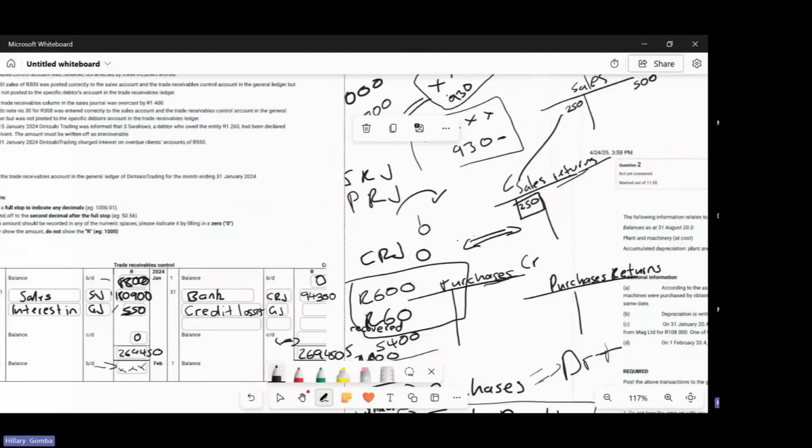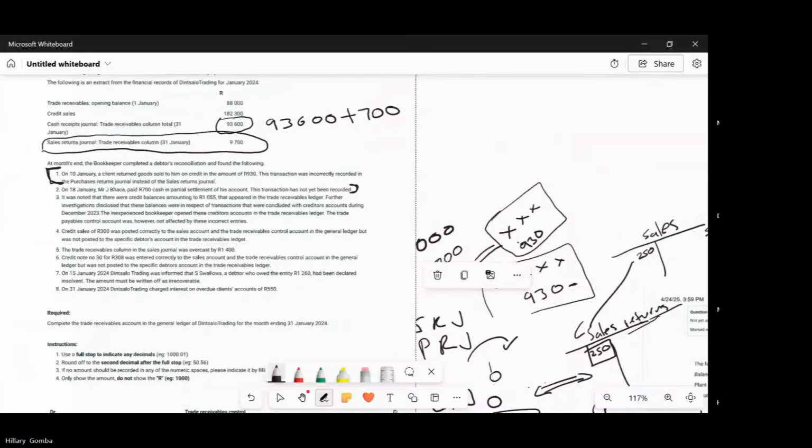This transaction was incorrectly recorded in the purchases returns journal instead of the sales returns journal. Is that the first transaction I was explaining to you, where what you need to do is to say 9,700 plus 930 to find your total sales returns journal amount.